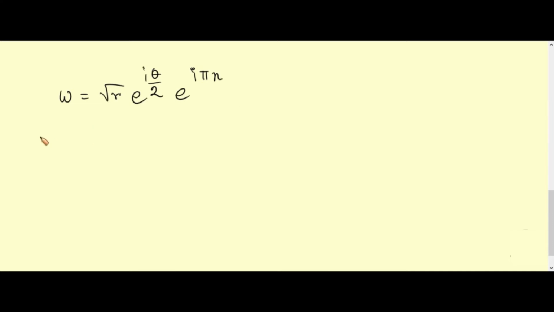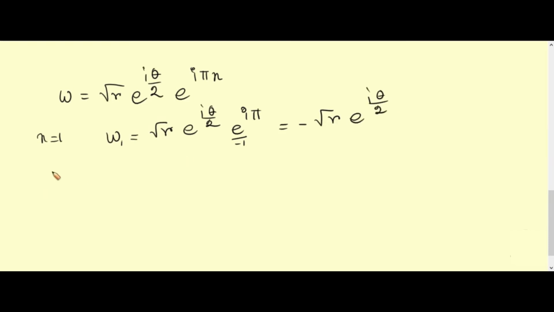When you make one rotation, that corresponds to n equals 1, you will get w1, and you are getting square root over r e to the power i theta by 2 e to the power i pi, but this is just minus 1, so you are getting square root over r with a minus in front, e to the power i theta by 2. Now I want to go for n equals 2, and this will give e to the power 2 pi i, and this is just 1.